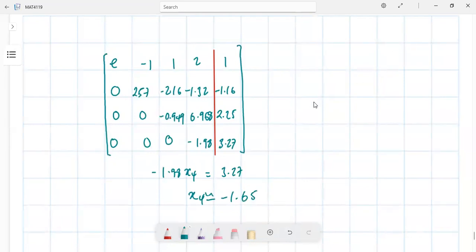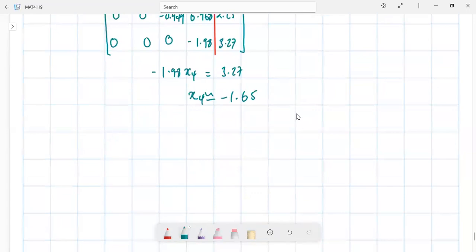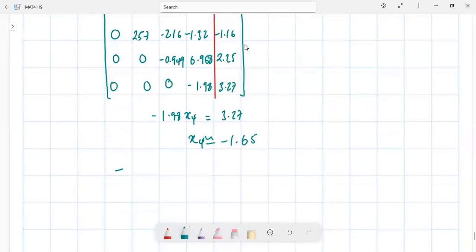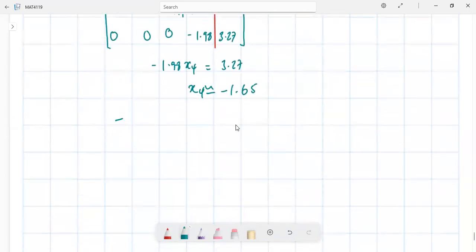Okay. Next, we need to find the next one. So the next element is negative 0.949. This will be multiplied by x3 plus 0.968 x4. This should be equal to 2.25, right?